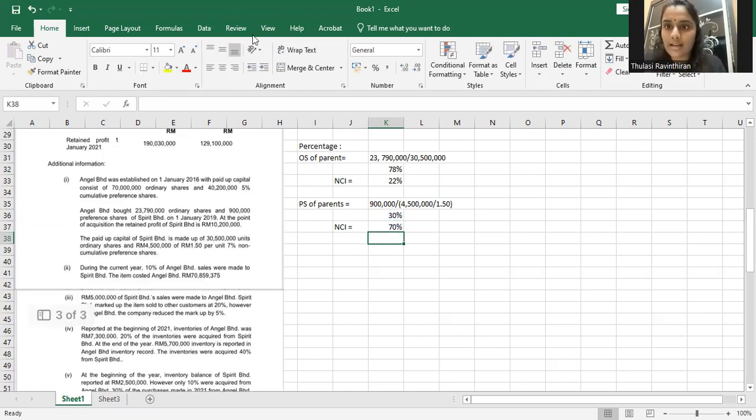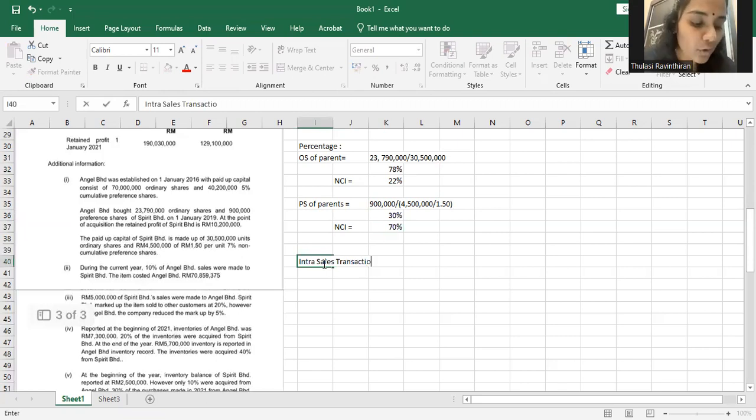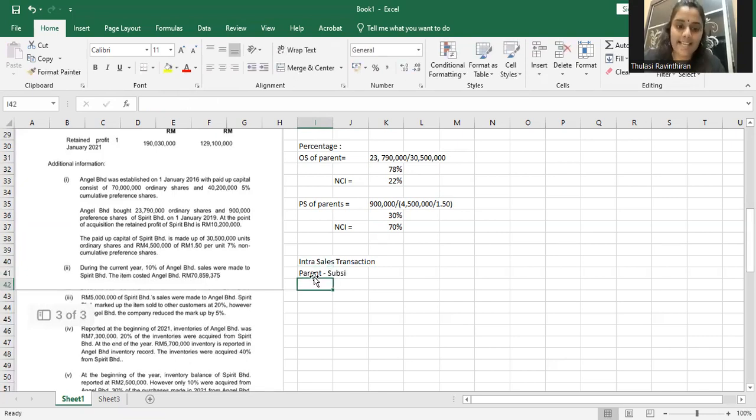Okay, now I am showing you what intra-group transactions exist in this question. First, we look at intra-sales transactions from parent to subsidiary. Look at the second Roman. During the current year, 10% of Angel Berhad's sales were made to Spirit Berhad. The item cost Angel Berhad 70,859,375.